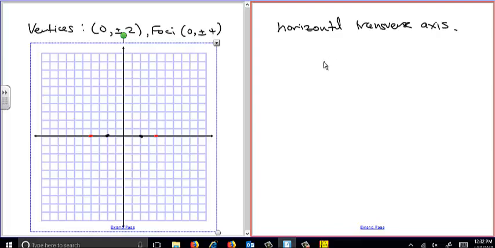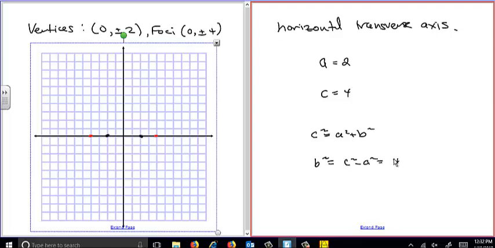Well, it means that a is going to be equal to 2, because the distance from the center to the vertices is 2. So a is 2. We know that c, which is the distance from the center to the focal points, is 4. And we know that c squared is equal to a squared plus b squared. So if we want to solve for b, b squared equals c squared minus a squared.